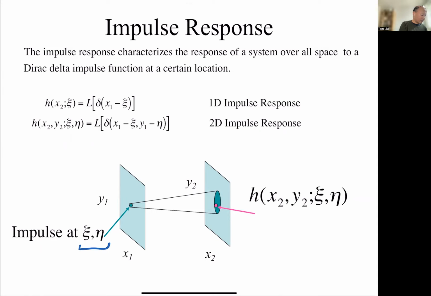Does anyone know what the term is? Is this xi and eta? I forget the Greek terminology for these. Anyways, at this location I have an impulse, and for the impulse response we will typically use h or g. Typically h is very common, and for this course we'll use h a lot.